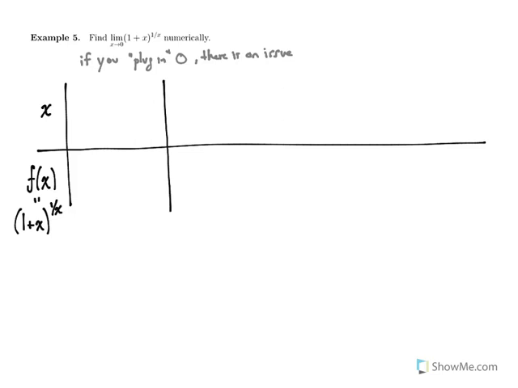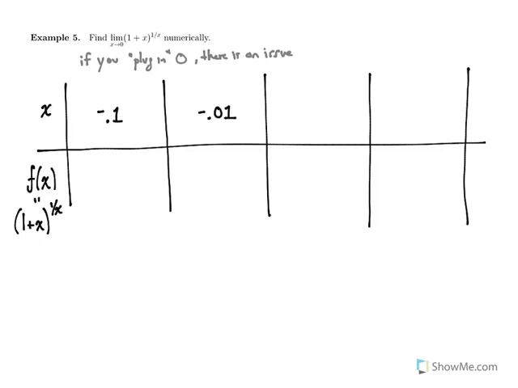Just like the example in the other video, we'll do 4 values here. We'll plug in -0.1, -0.01, 0.01, and 0.1. If we wanted to get closer, we could do 0.001 and go onward from there.